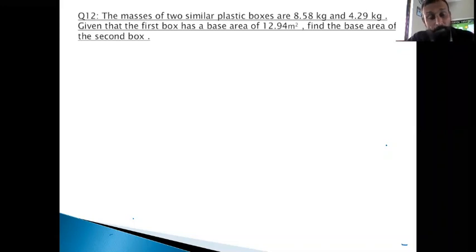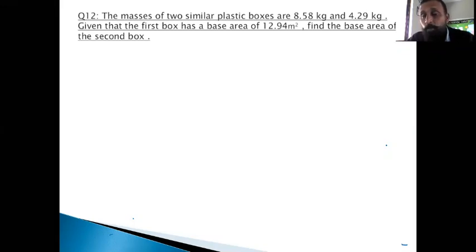Now, just concentrate. They are giving you the masses and they are asking you about an unknown area. Have we learned any relation that connects areas with masses? Think about it, boys and girls. Have we learned any formula of similar masses that connects with areas?